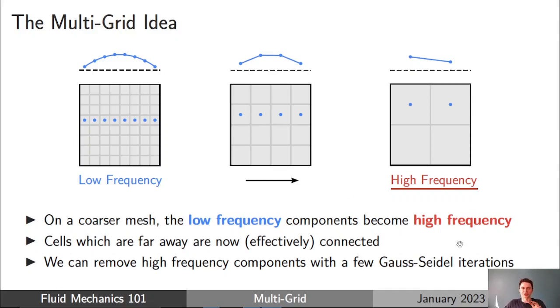And if you want to understand that in a bit more detail, go back and watch my previous video on the Gauss-Seidel algorithm. So this is the first idea in the multi-grid method. If we move to a coarser mesh, those low frequency components that limit the convergence of the algorithm become high frequency, and we can effectively remove those in a very few iterations.